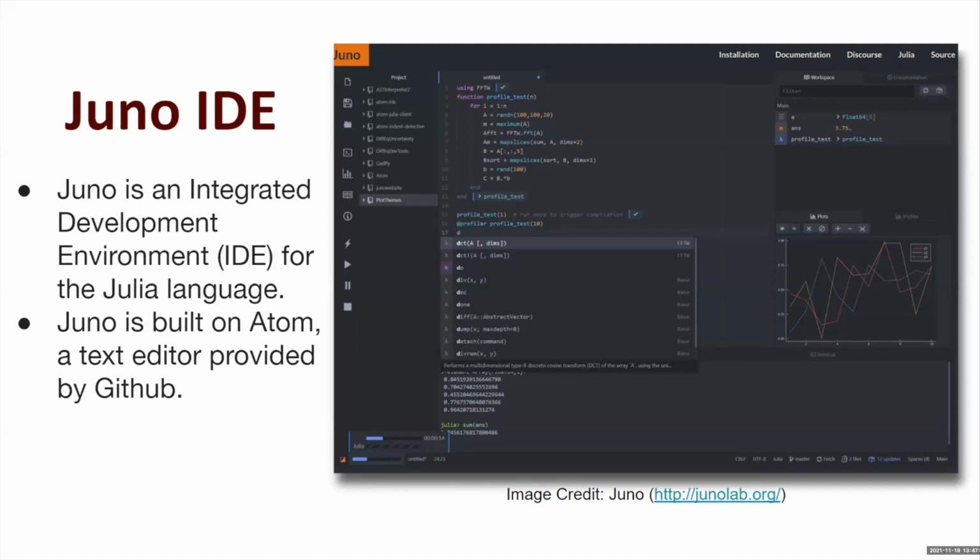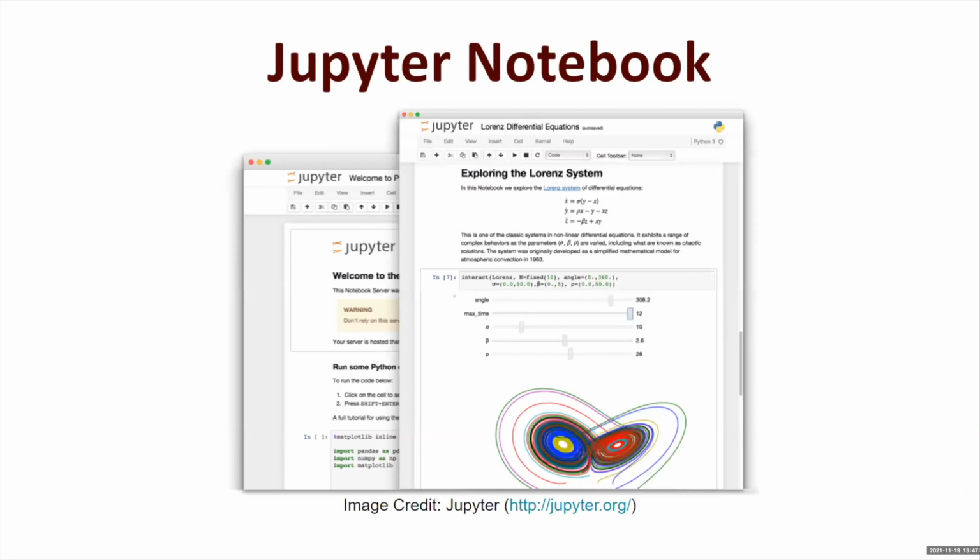There are different communities and different groups of people that have their favorite IDEs. My favorite IDE for Python is PyCharm, which is fabulous. I haven't really done a serious project with Julia myself, so I don't know. Juno seems to be pretty nice, but I mostly use the command line interface for Julia myself, just for testing. Sometimes I use the notebook, which I'll be showing in the next slide.